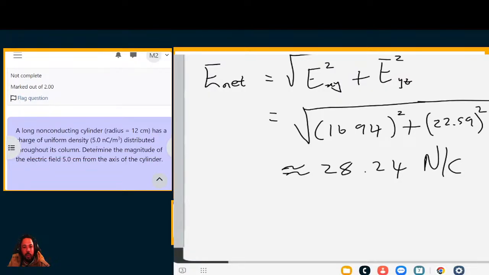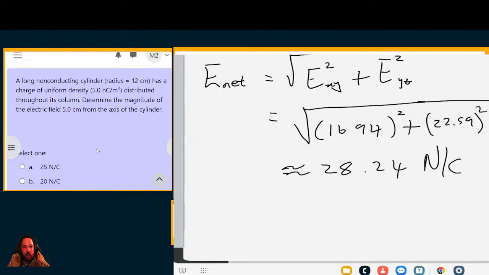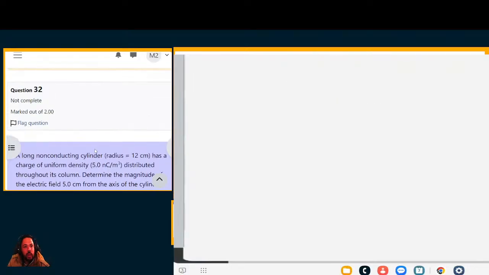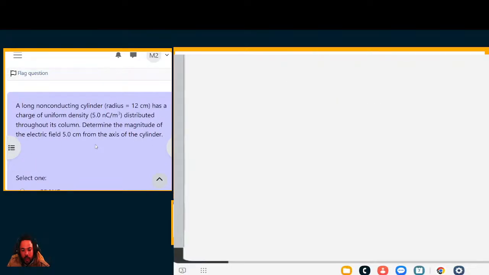Now, that is this 32. A long conducting wire. So we have a long conducting wire. Let's see.